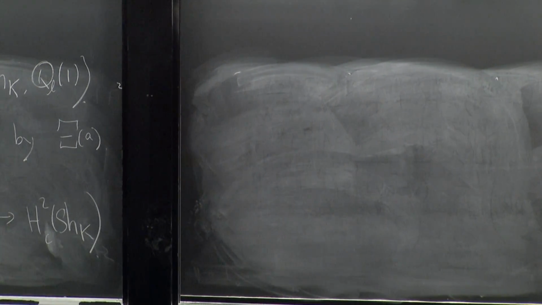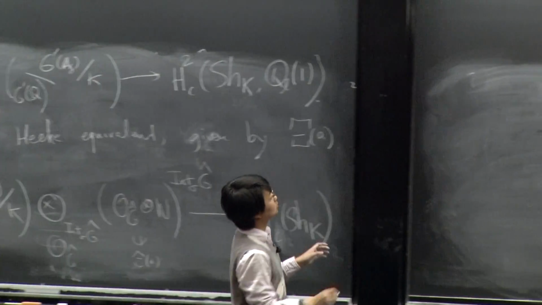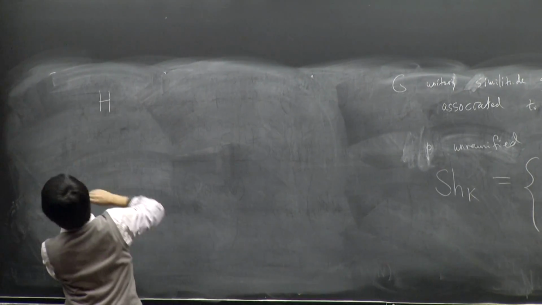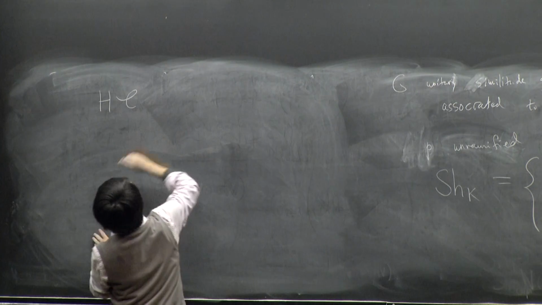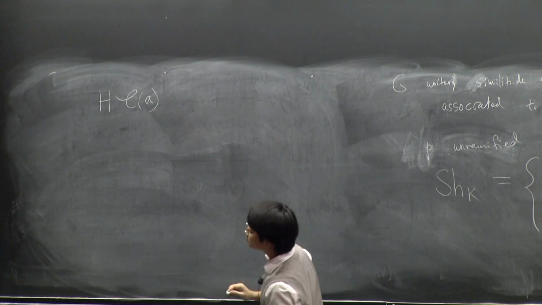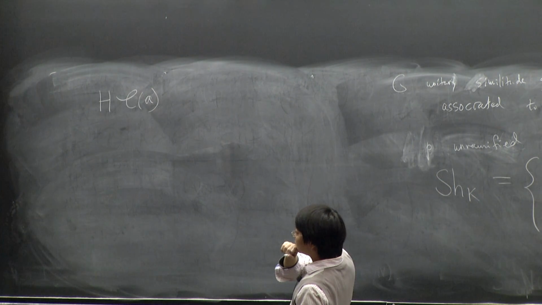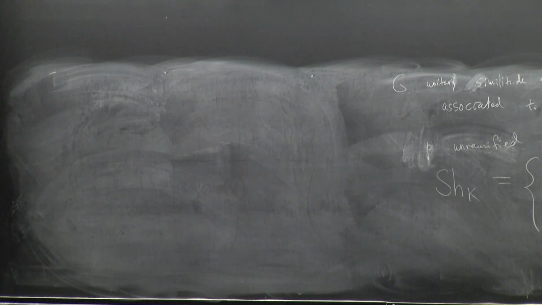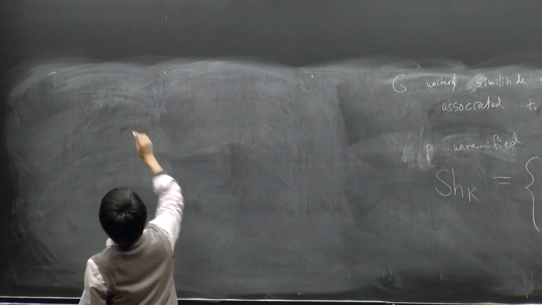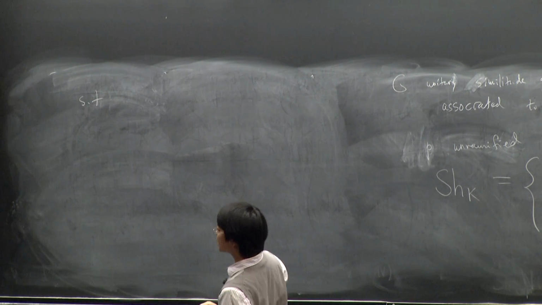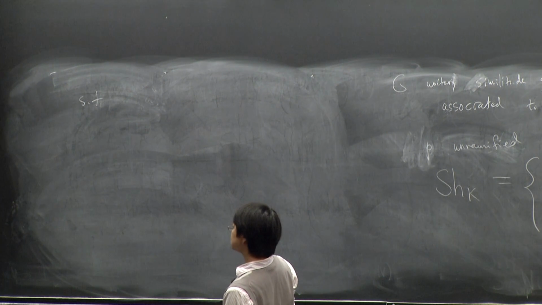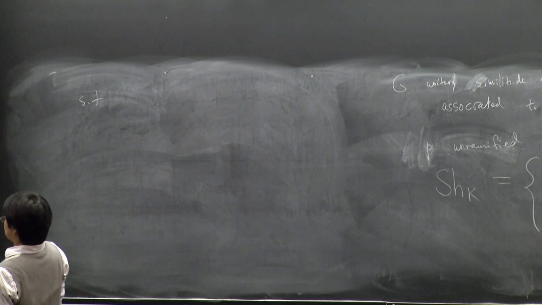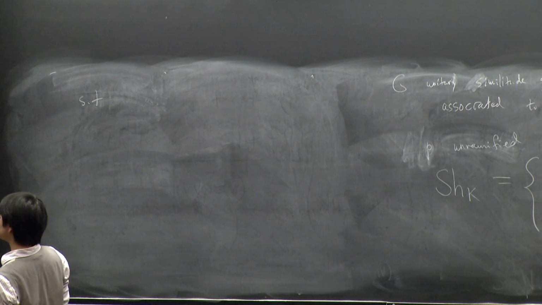So let me write it this way. If I consider, we get a map like that, such that, how should I write it?